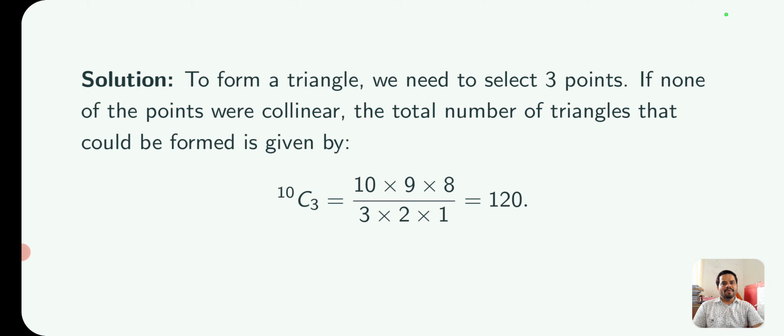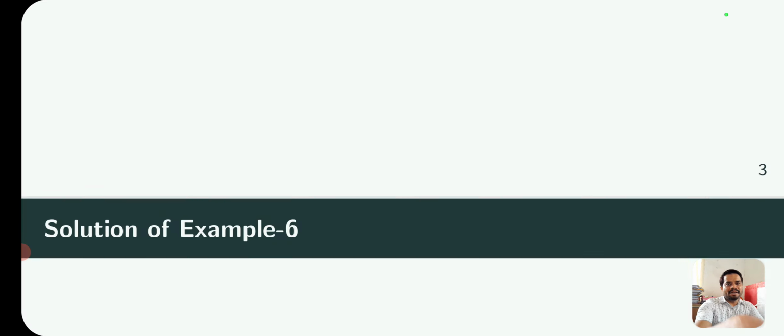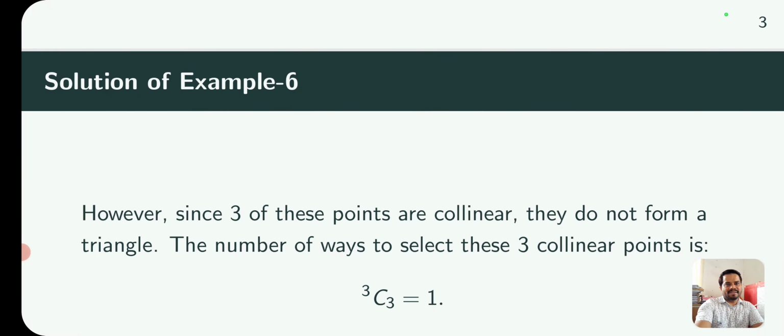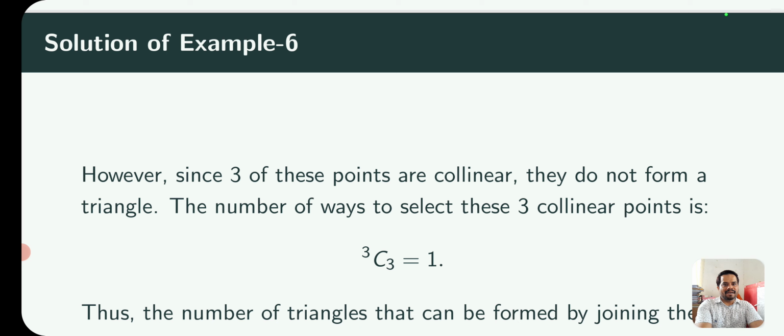However, in this example it is given that 3 of these points are collinear. They do not form a triangle, because all these points lie on a straight line. So the number of ways to select these 3 collinear points is 3C3, which equals 1.